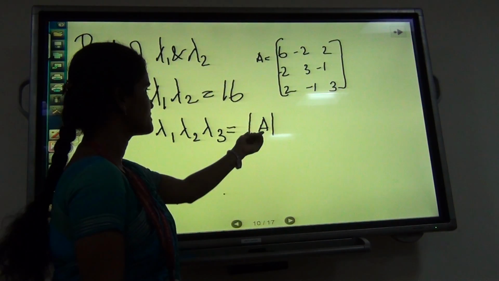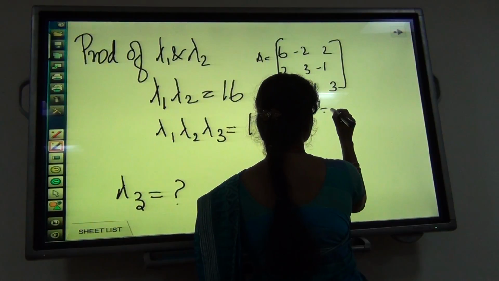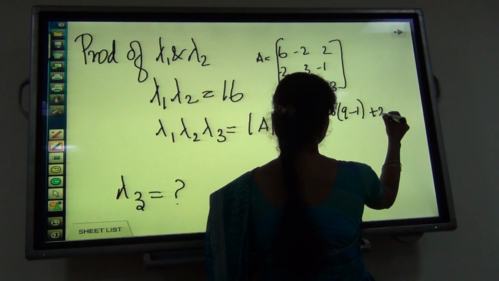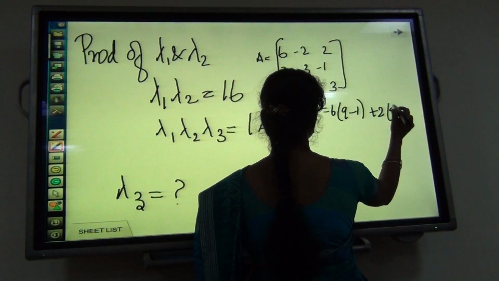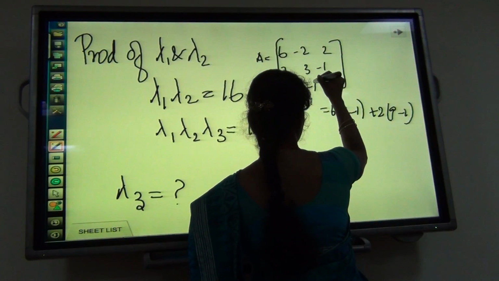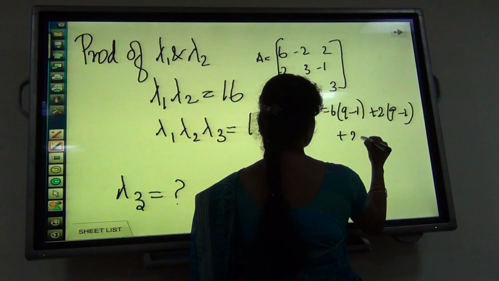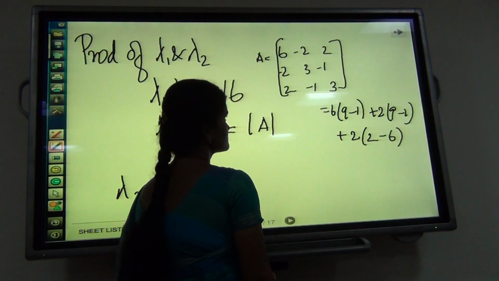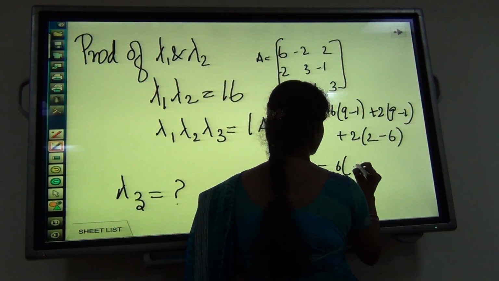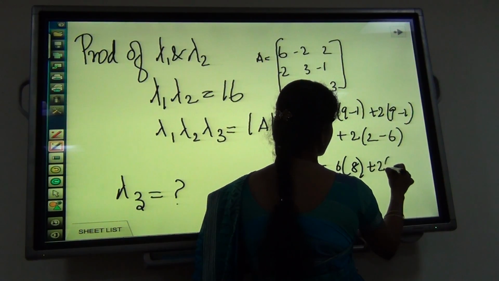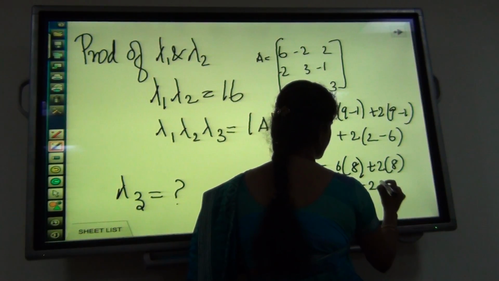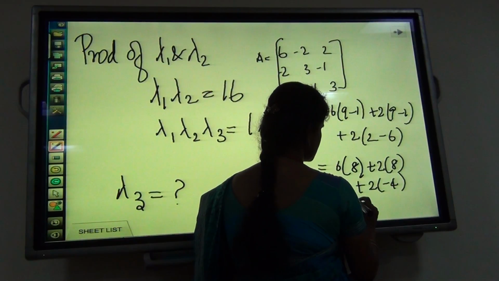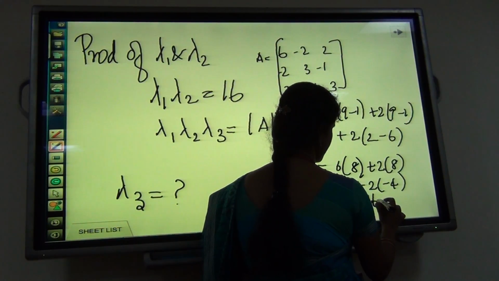So let us find the determinant of A. We get 6 into (9 minus 1), plus 2 into (minus 6 plus 2), and so on. Expanding: 6 into 8, plus 2 into 8, plus 2 into minus 4.